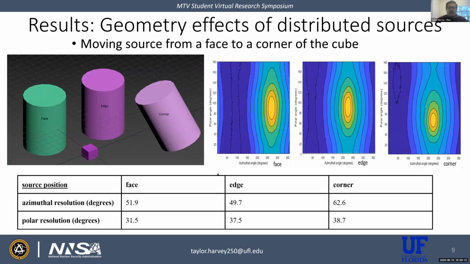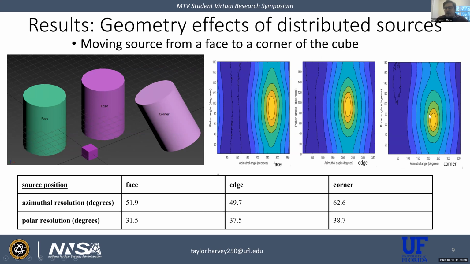You see the same thing when you use a distributed source rather than a point source. These are some barrels filled with a spontaneous fissioning material, and this one's normal to a face, an edge, and a corner. Again, you see a strange change in the imaging, and this is a lot of cones, by the way, like 10,000 cones, so this would probably be a long measurement for this detector.